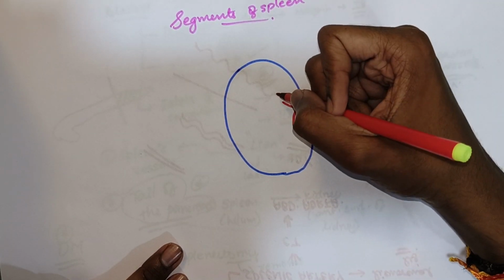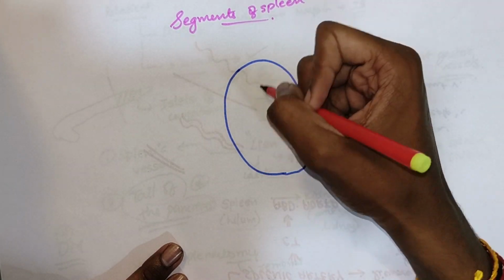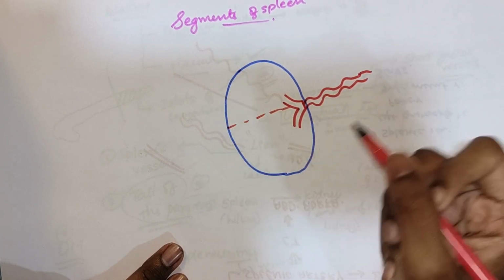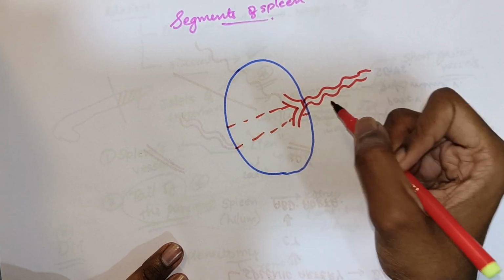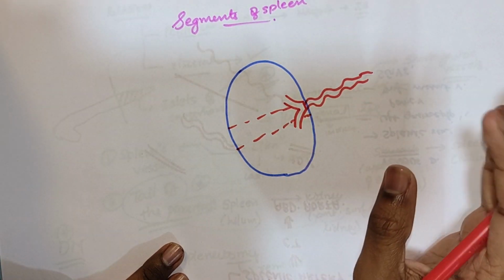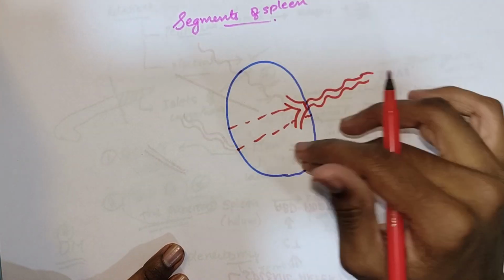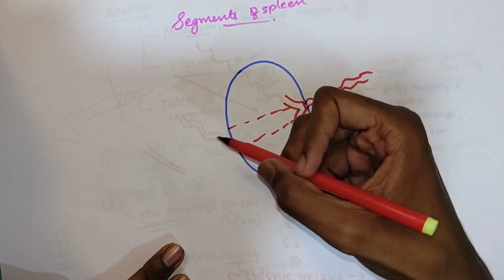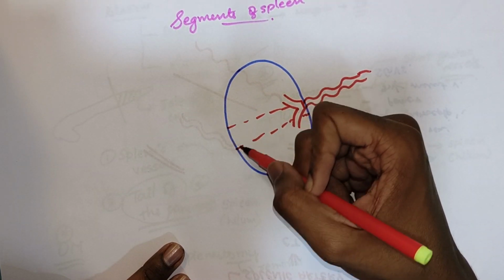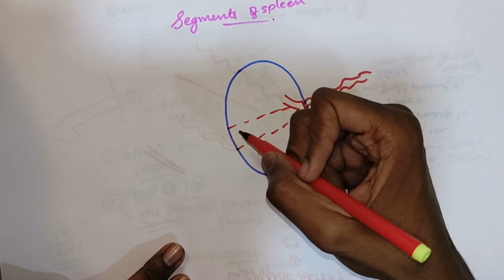Now, this branch will go and supply its own territory, and this branch will go and supply its own territory. There is little to no anastomosis between the territories of these two individual branches of the splenic artery, because of which there exists an avascular plane between these two territories.